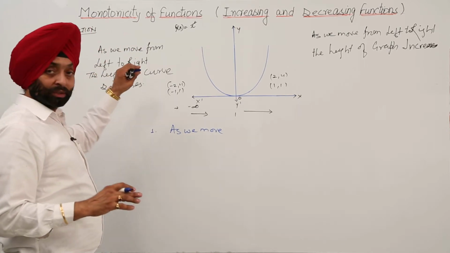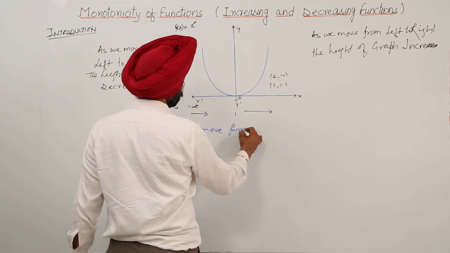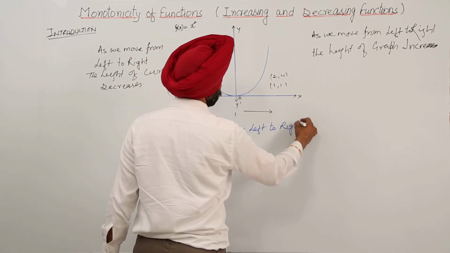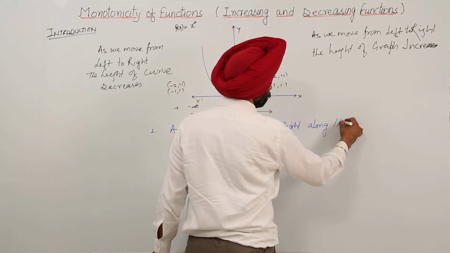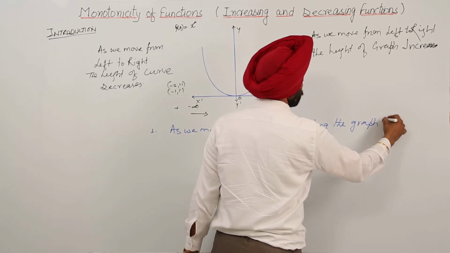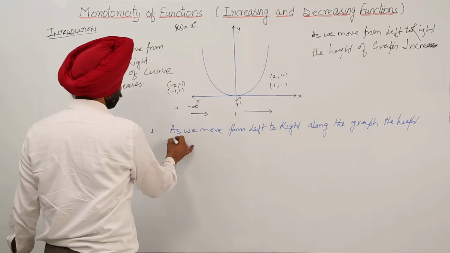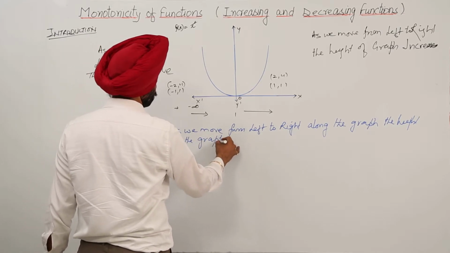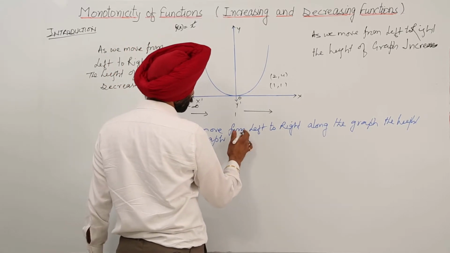As we move from left to right along the graph, the height of the graph decreases, or you can say the height of the graph continuously decreases.